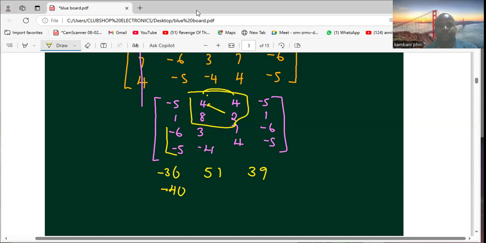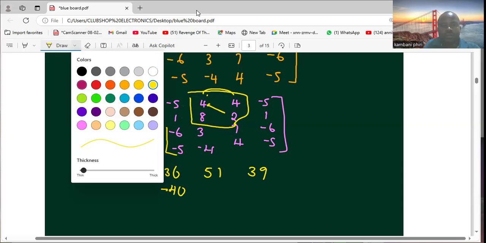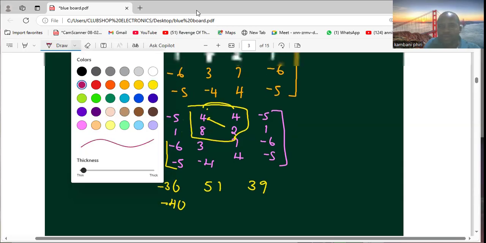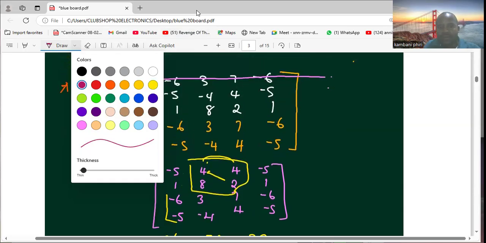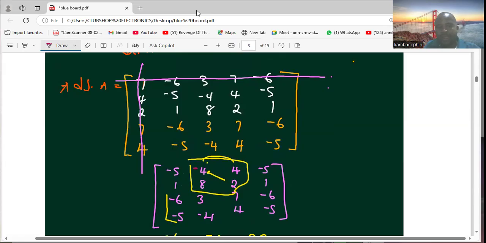Okay. That's what you're supposed to have. So I'm just trying to verify the numbers. Okay, so here we check from the top here, -4. Because we have -8 minus 32.